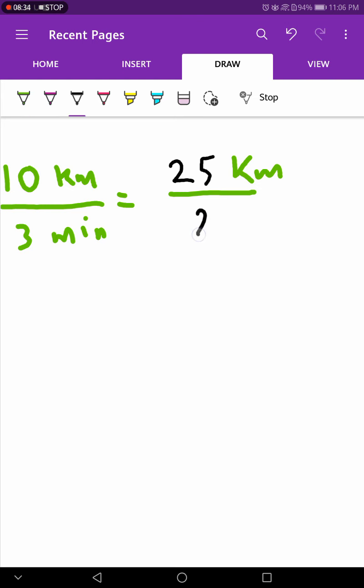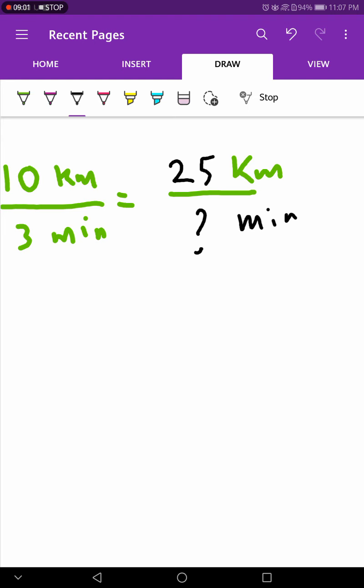We don't know how many minutes. Teacher, why do you put the 25 up? Because you have to put the number according to its unit. The kilometers go up, and the number in kilometers you have to put up, and the minutes you have to put down.